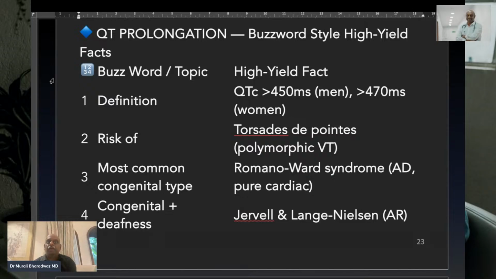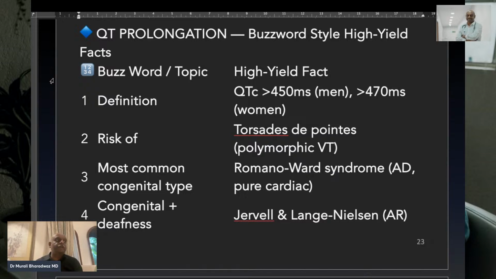Now QT prolongation: when do you call QT prolonged? QT is considered prolonged if it is more than 450 milliseconds. What is corrected QT? QT divided by the square root of the RR interval, because QT interval depends on heart rate. That's why we correct it for heart rate.